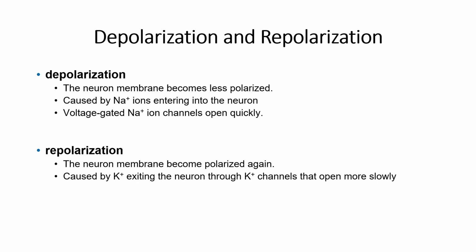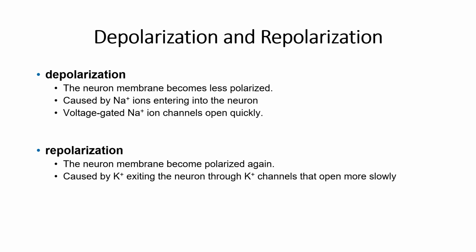In depolarization, the neuron membrane becomes less polarized, in other words, less negative. When we talk about depolarization, we're talking about it becoming less negatively charged. This is caused by sodium ions entering the neuron as voltage-gated sodium channels are opened quickly.